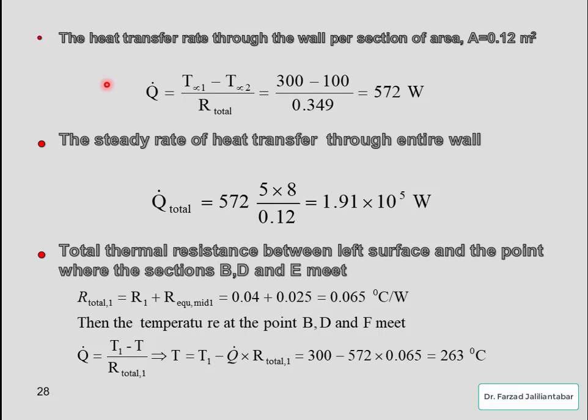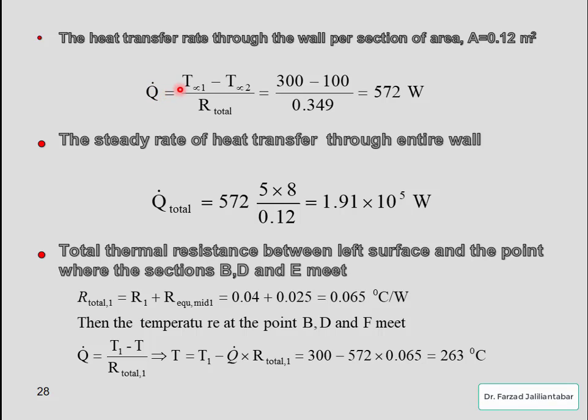Then to calculate the heat transfer rate through the wall per section of area, which was our assumption, the representative area was 0.12 meters squared, we should use this equation. You remember this equation for the rate of heat transfer through the wall. We have a steady state condition and one-dimensional heat transfer.